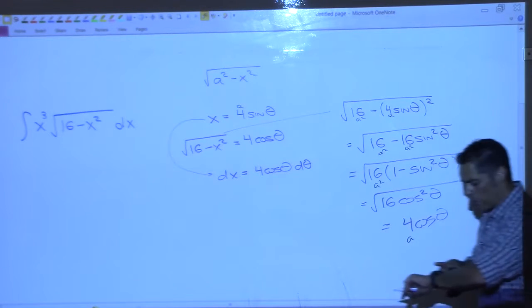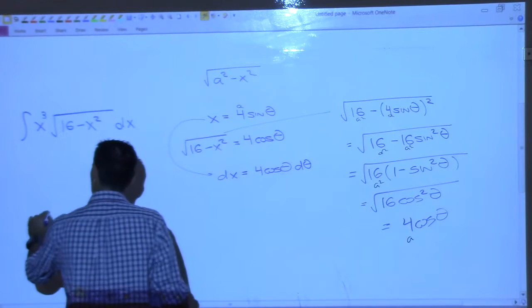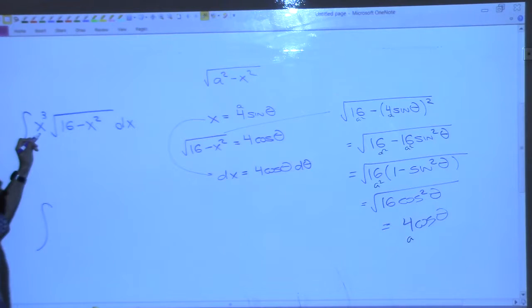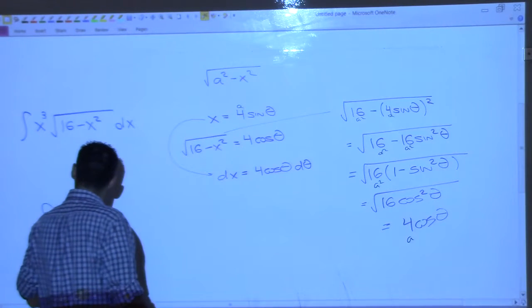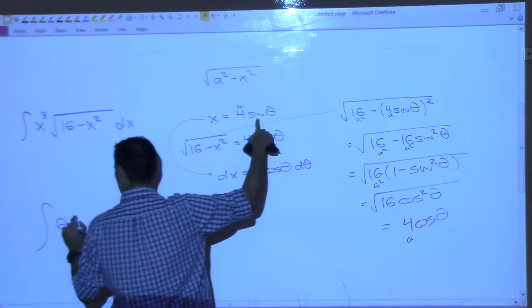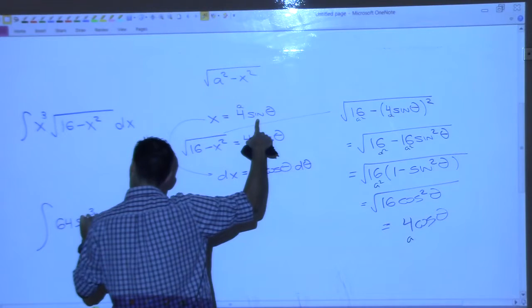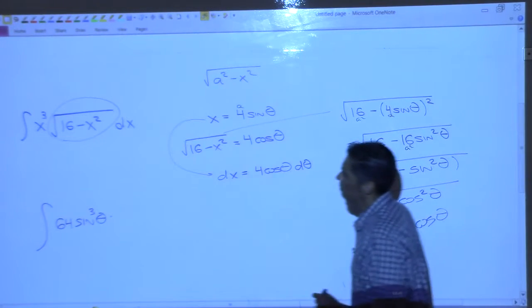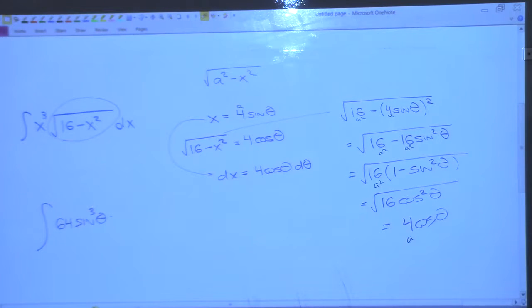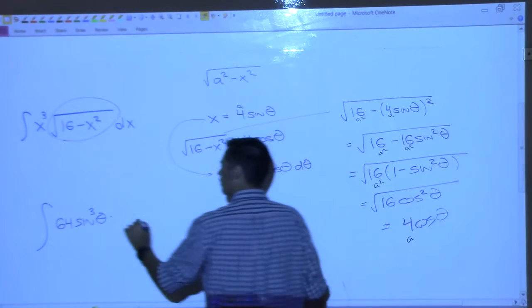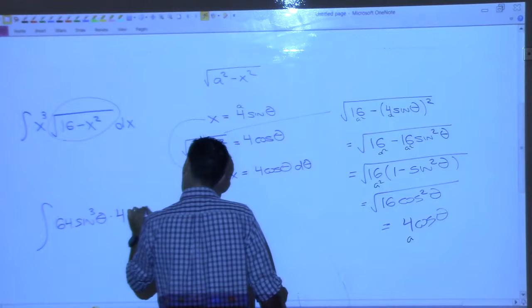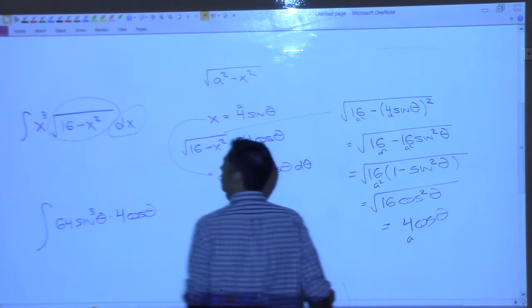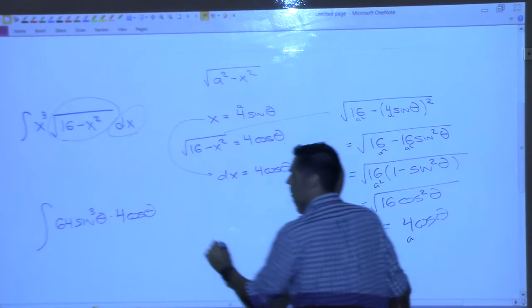If I rewrite the problem, this integral becomes x cubed. What's x cubed? 4 times 4 times 4, right? 64 sine cubed theta times, what's this piece? 4 cosine theta. And then what's this piece? 4 cosine theta d theta.